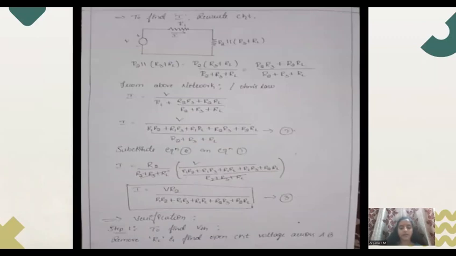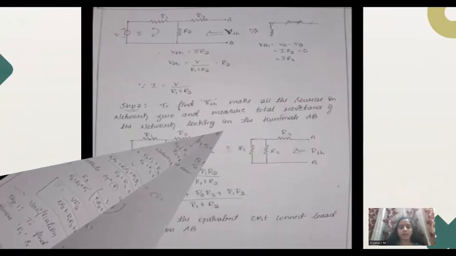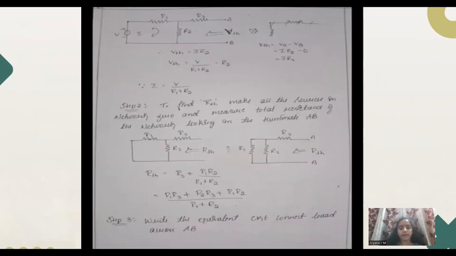The first step is to find VTH. In order to find VTH, we remove the load resistance RL and make an open circuit across the AB terminals. As we can observe in this figure, I have removed the load resistance and made it an open circuit. VTH is equal to VA minus VB, that is the voltage at terminal A minus the voltage at terminal B. Terminal B is grounded, so I consider it 0.